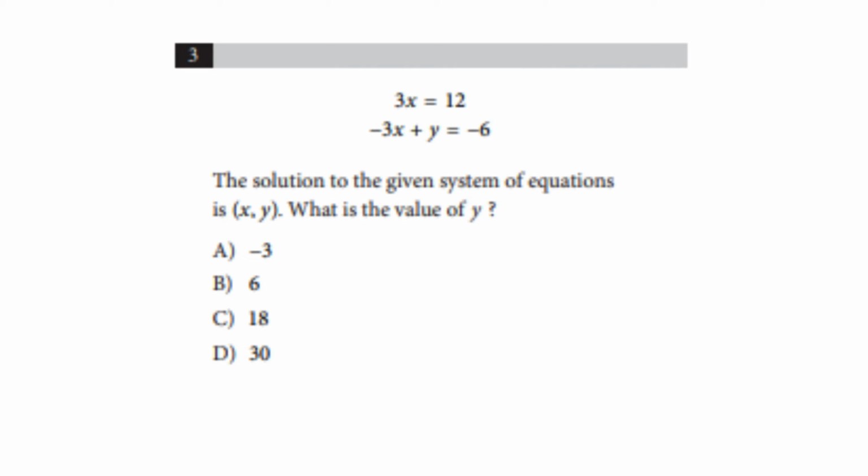Even by hand, it's really simple. You can just cancel out the 3x by adding the two equations, and y would be 6. But if you don't know what to do, you can just go on to Desmos, put in both equations, look where both equations touch, and just find the y value of that point. So it's really simple like that. Just have to stay calm while taking the test.